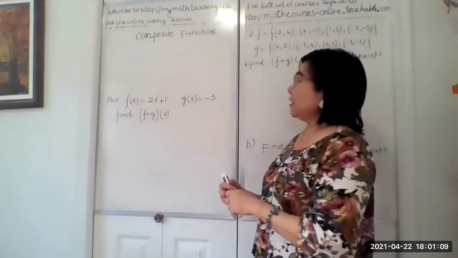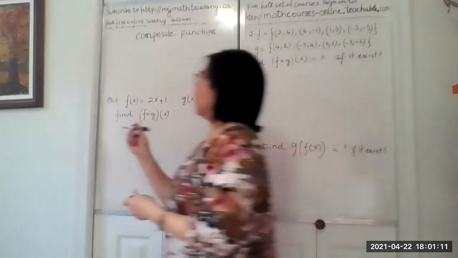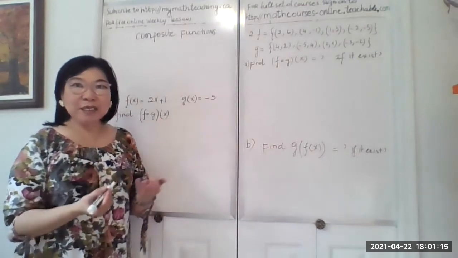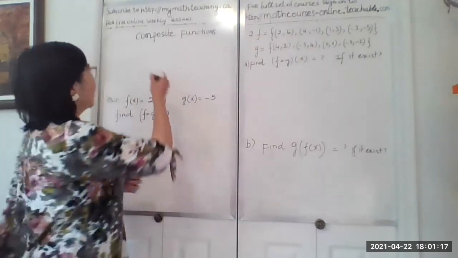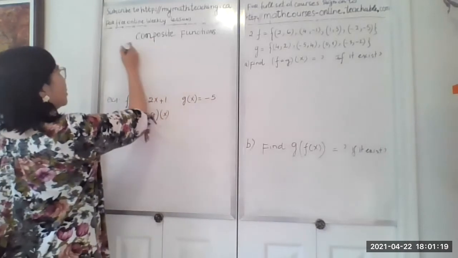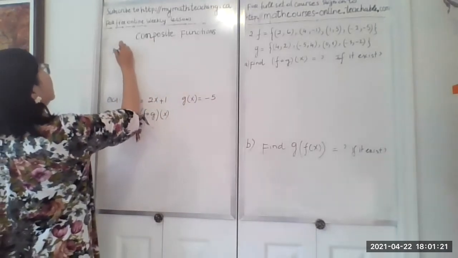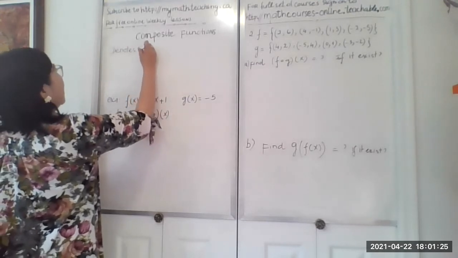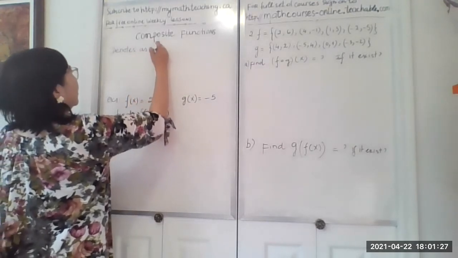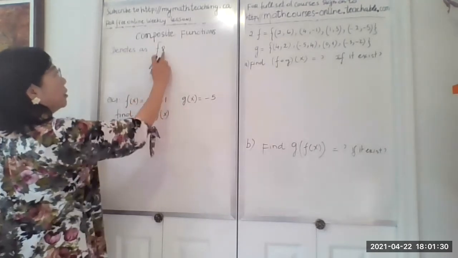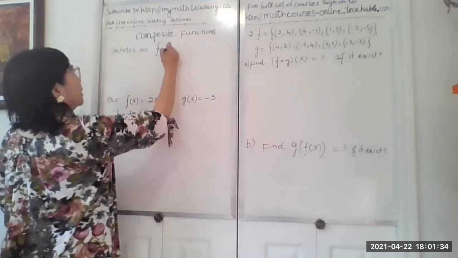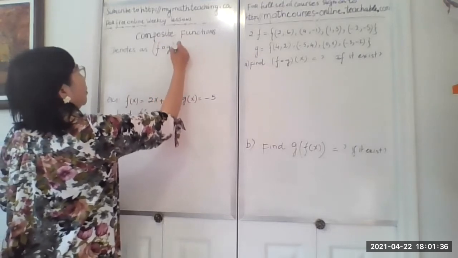Now, let's look at in mathematics how we make a notation of that. So composite functions denote as f, the little o here stands for of, so f of g of x.